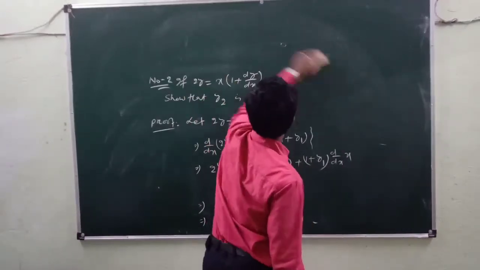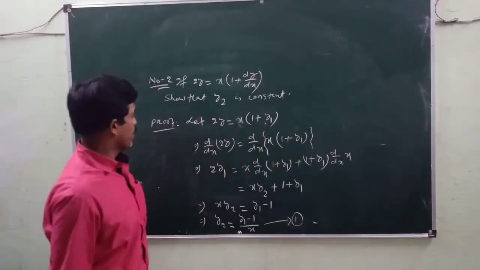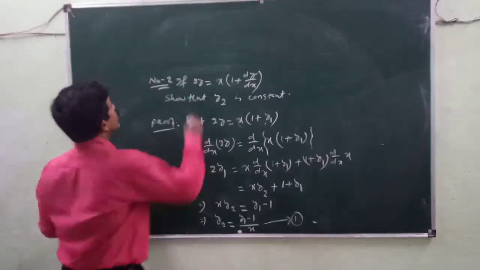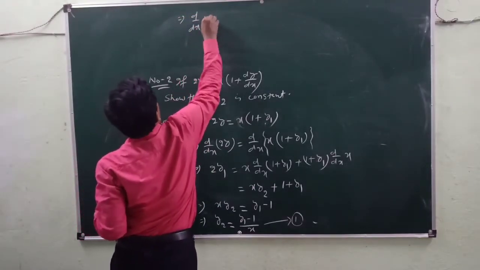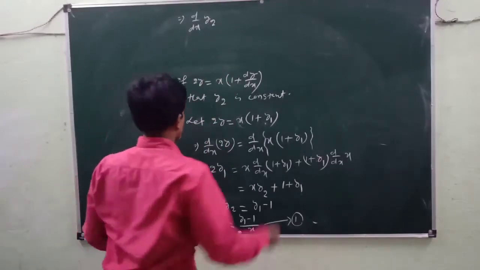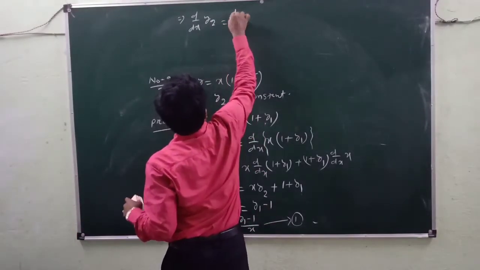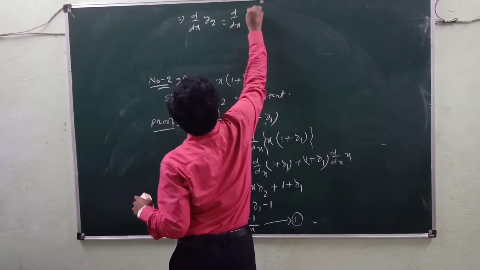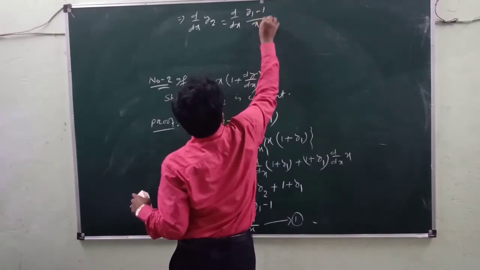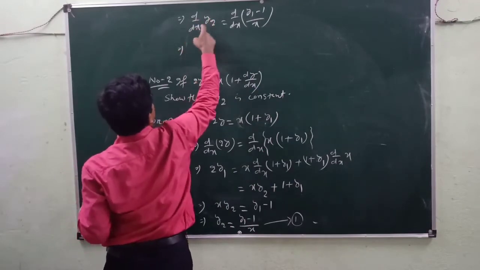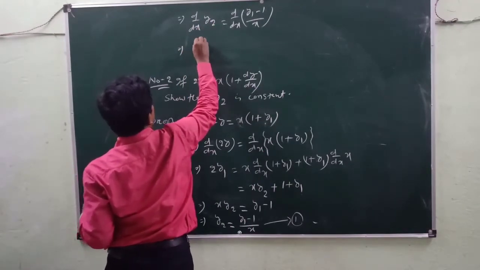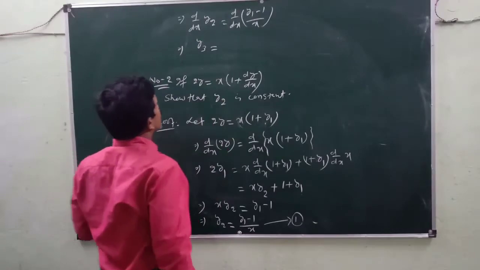Again, taking the derivative with respect to x on both sides, that implies d by dx of y2 equal to d by dx of y1 minus 1 by x. The derivative of y2 with respect to x will be y3.